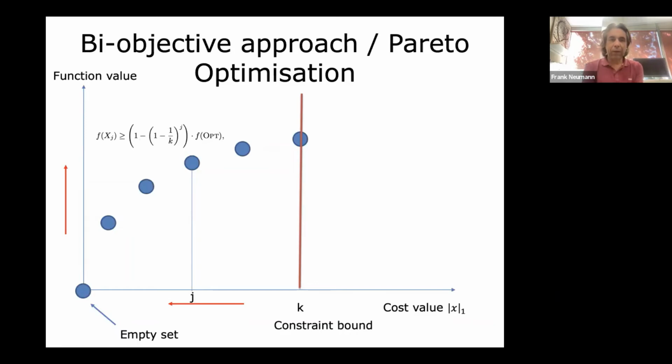If you would add one additional element, then this j would go up to j + 1, and in the end, at the bound k, the j would become k, which means this term becomes roughly 1/e. And then it gives you a 1 - 1/e approximation for the solution. That's the standard idea that you also see in many greedy submodular papers and in many evolutionary computation papers.